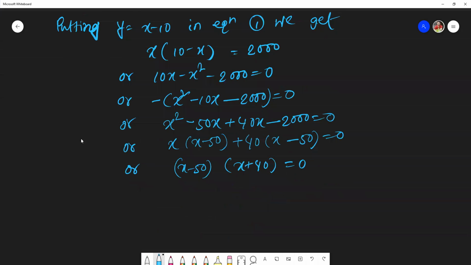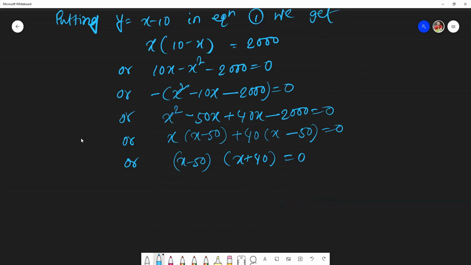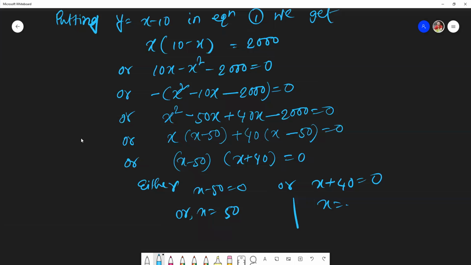So now either x minus 50 equals 0 or x plus 40 equals 0. So here x equals 50, or x equals minus 40.